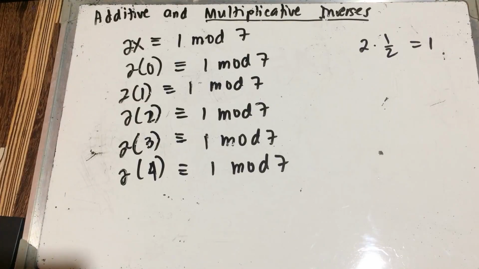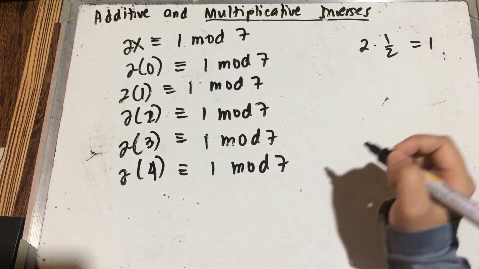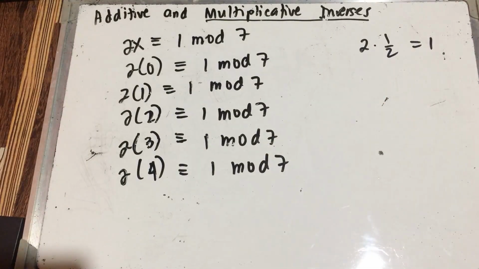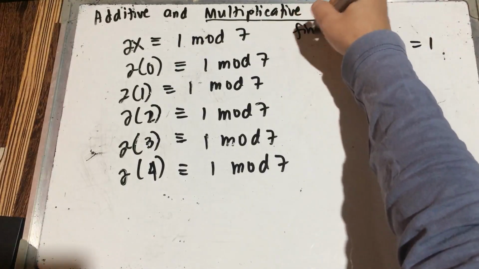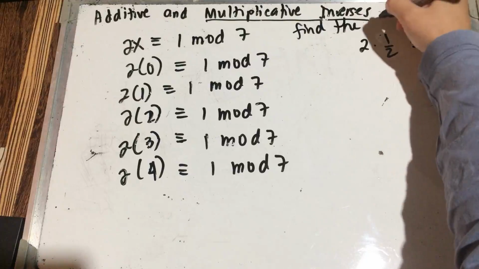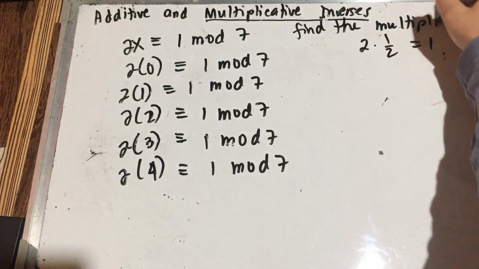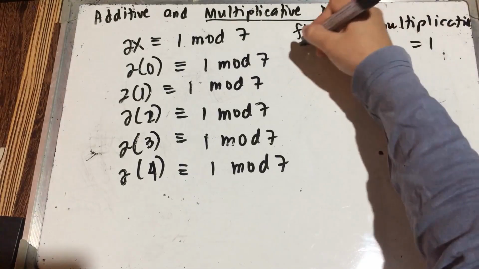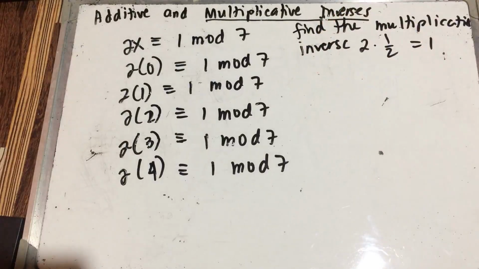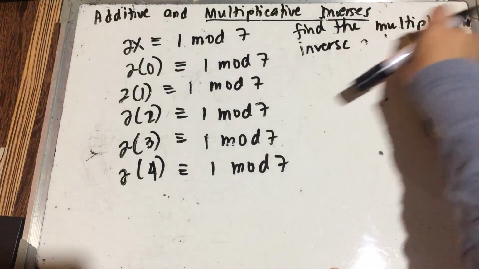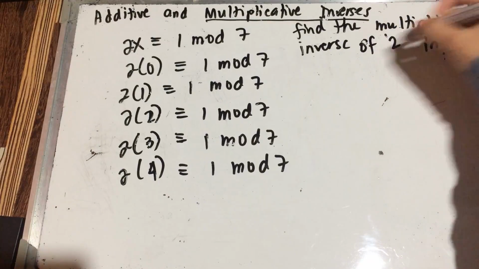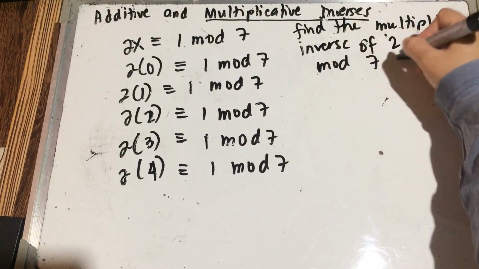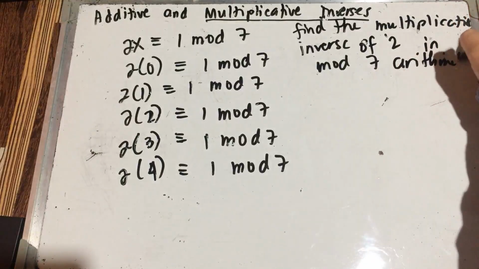For example, we need to find the multiplicative inverse of 2. Let us write the problem: find the multiplicative inverse of 2 in modular 7 arithmetic.